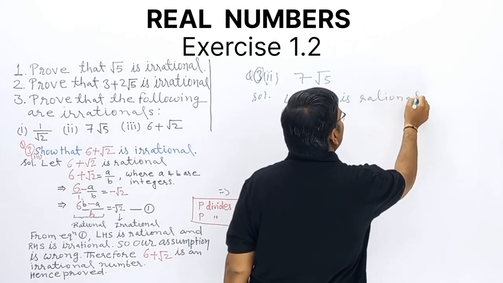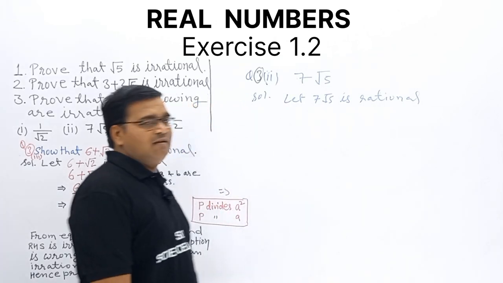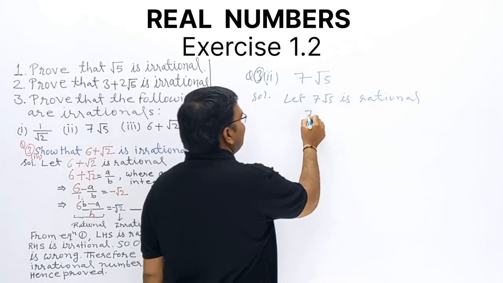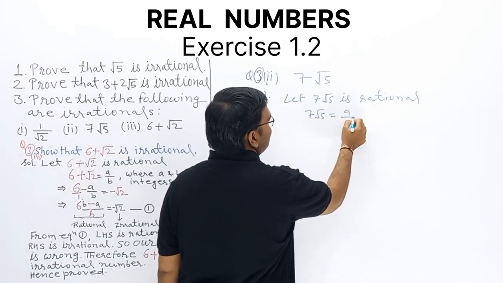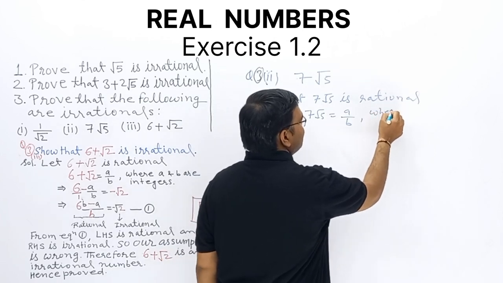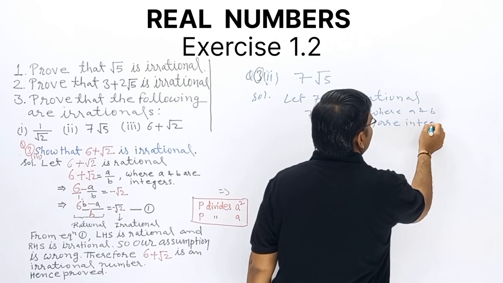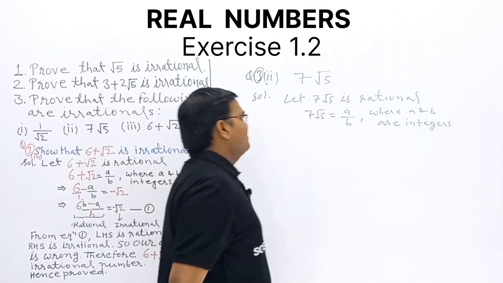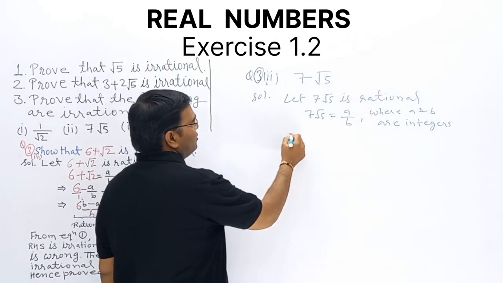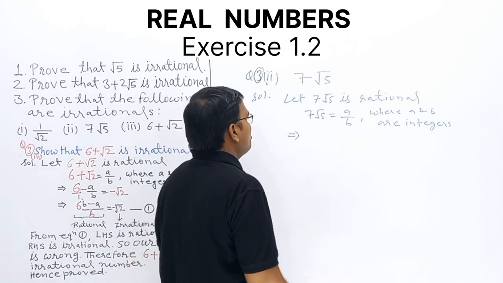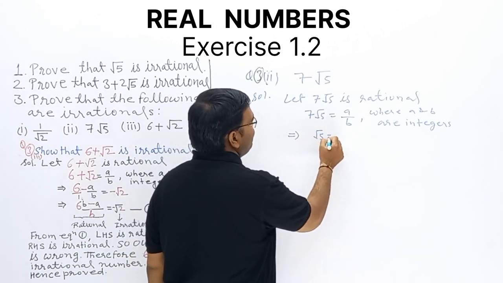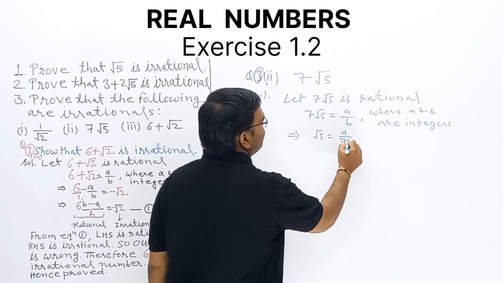rational. First I am assuming this one is rational. Then this number can be written as 7 root 5 equals a upon b, where a and b are integers. Clear? So now solve this equation. Root 5 will be equal to a upon 7b.